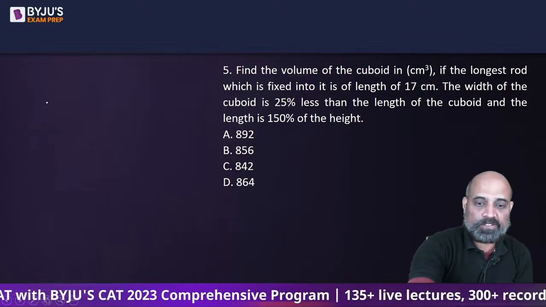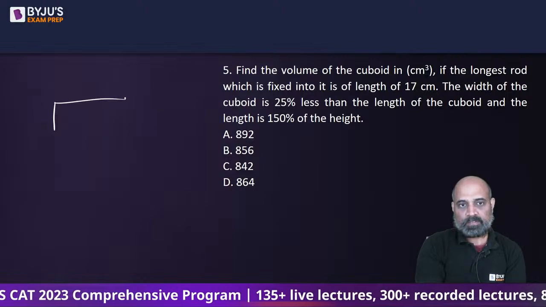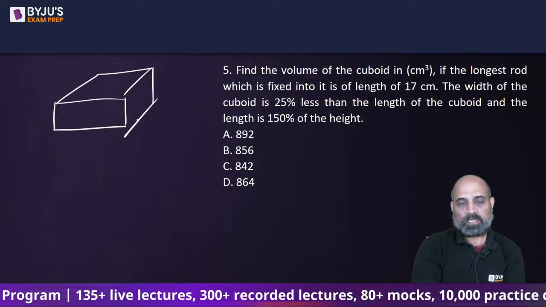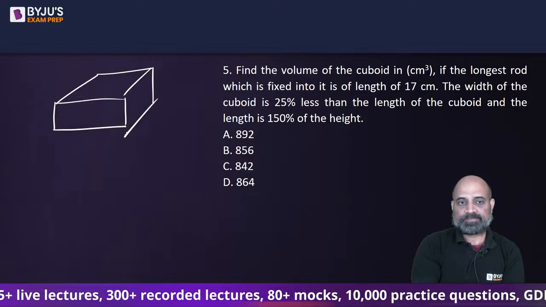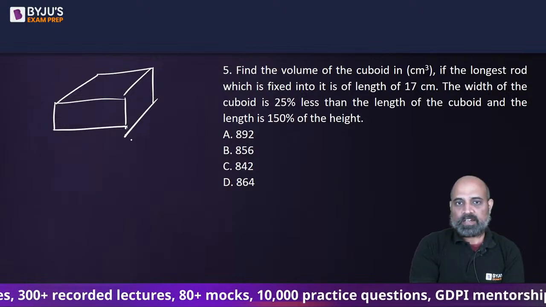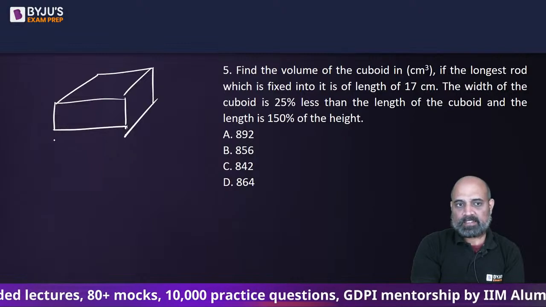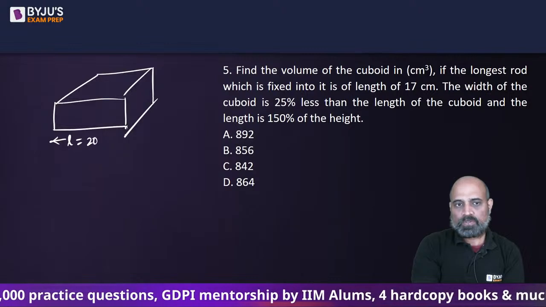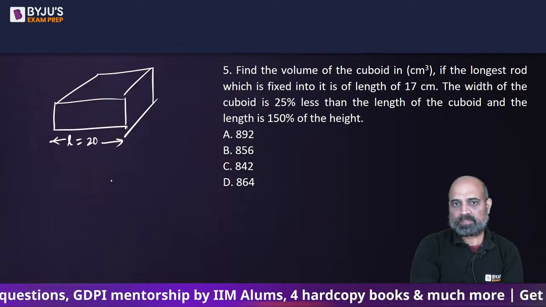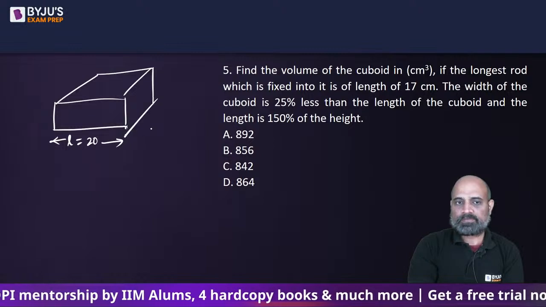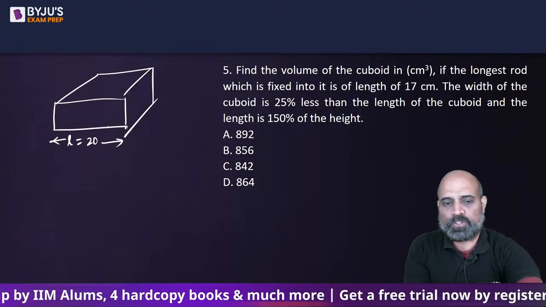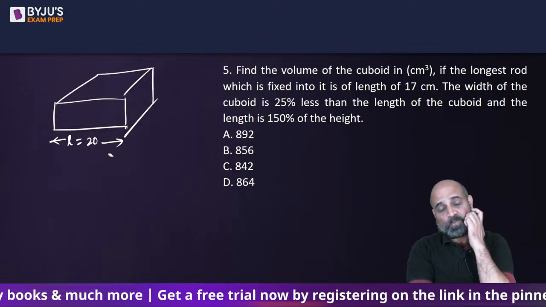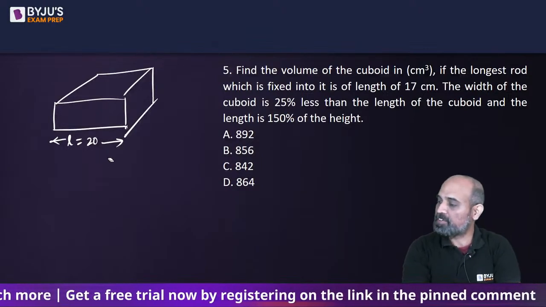So if I draw such a cuboid, then as per it, if I take this length as, not 20, it's 150% of the height, 150% as in 2.5 times, and that is 0.75.